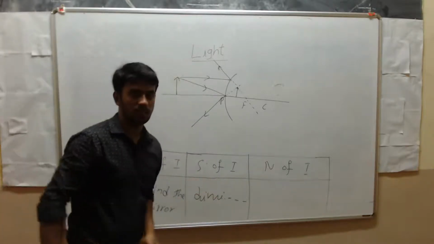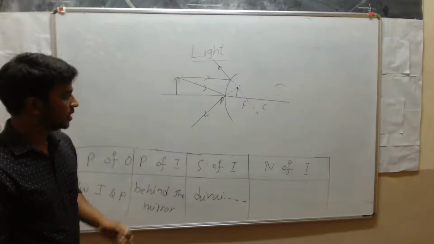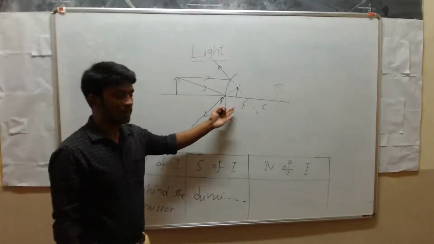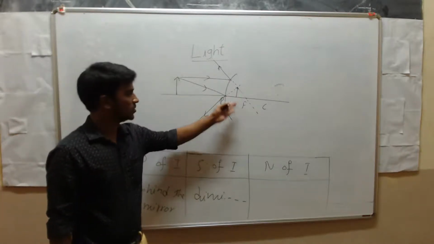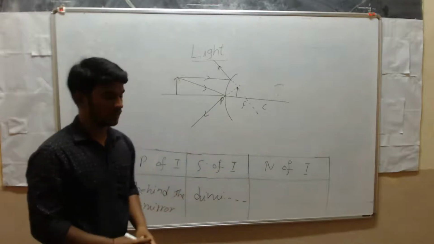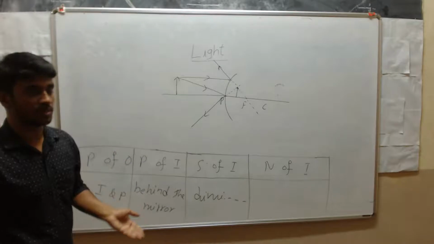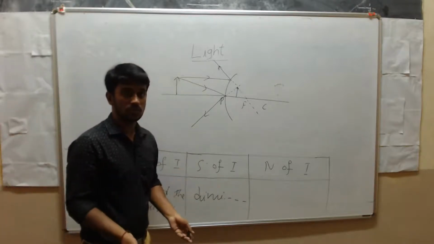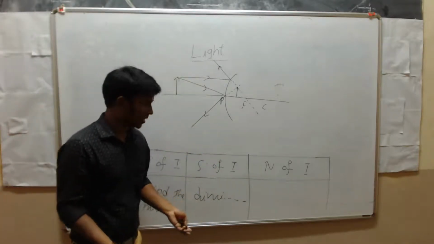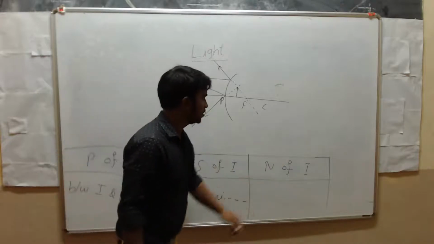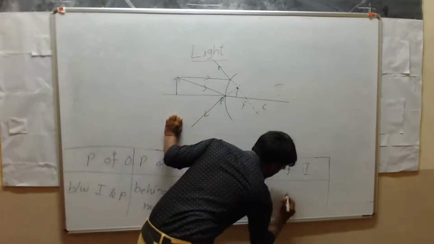Next, what is the nature of the image? You won't get the real image on the screen, because it is behind the mirror. If you keep a screen here or here or here, you won't get the real image. But we are getting a virtual image, which means it doesn't exist. So that's why the nature of the image is virtual and erect.